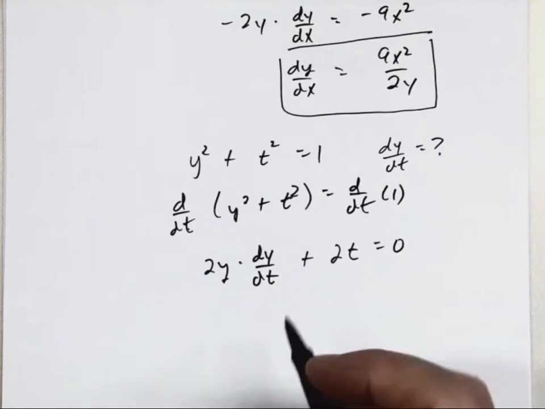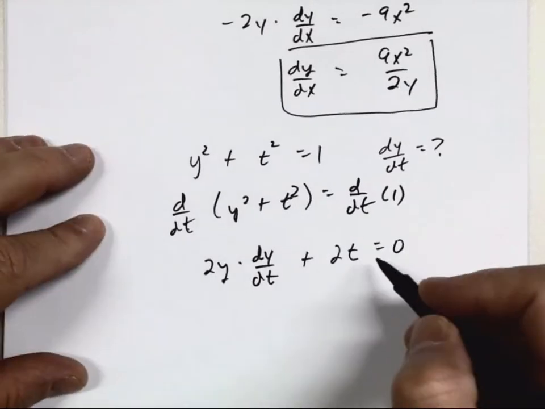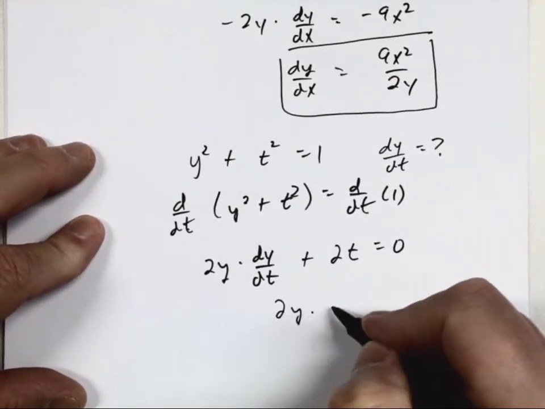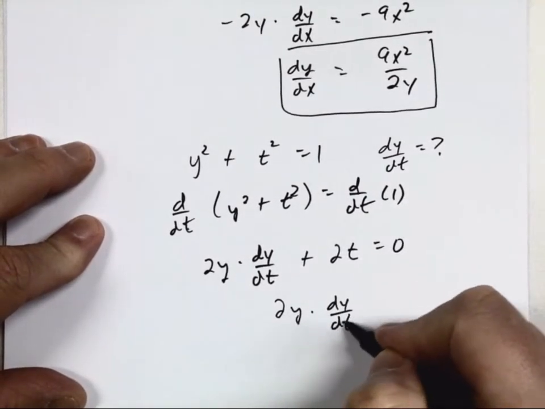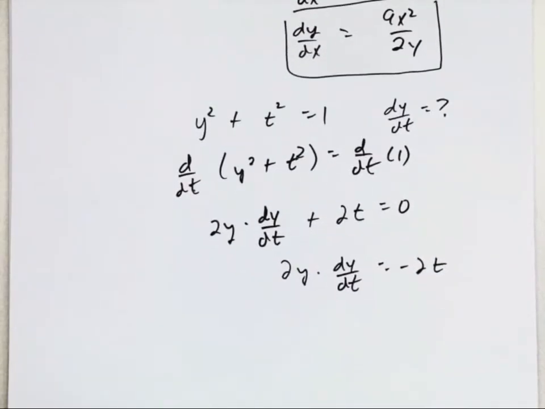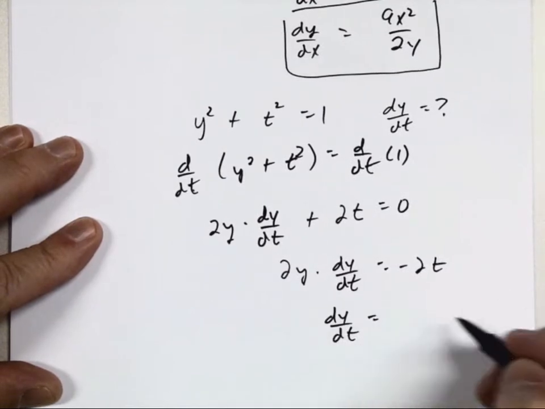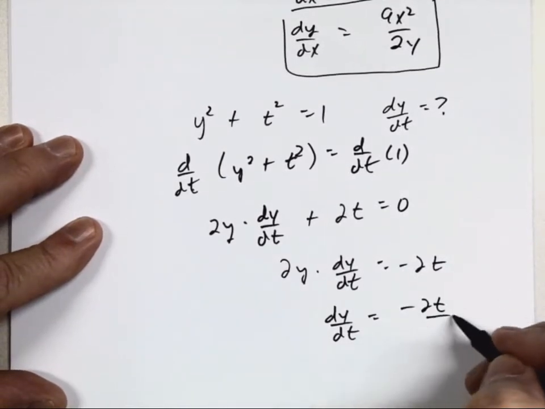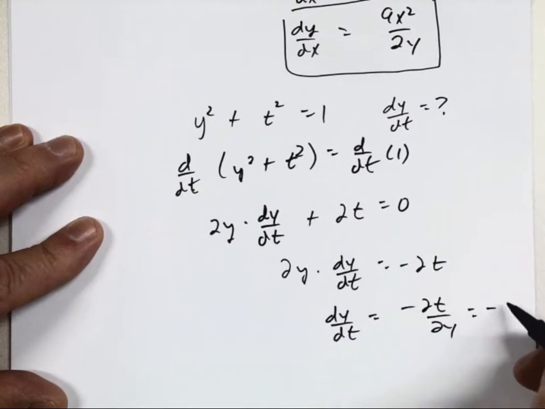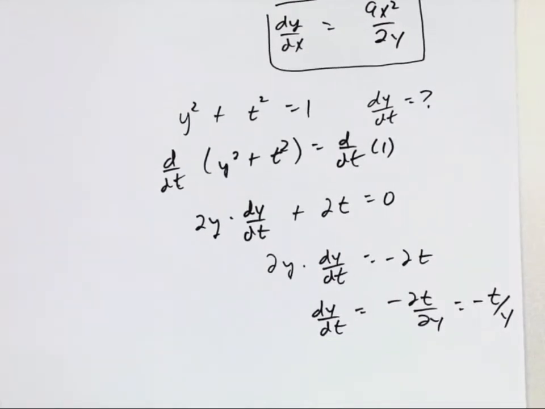So now I want to solve this for dy dt. So let's subtract 2t from both sides. If I divide both sides by 2y, and there's the derivative.